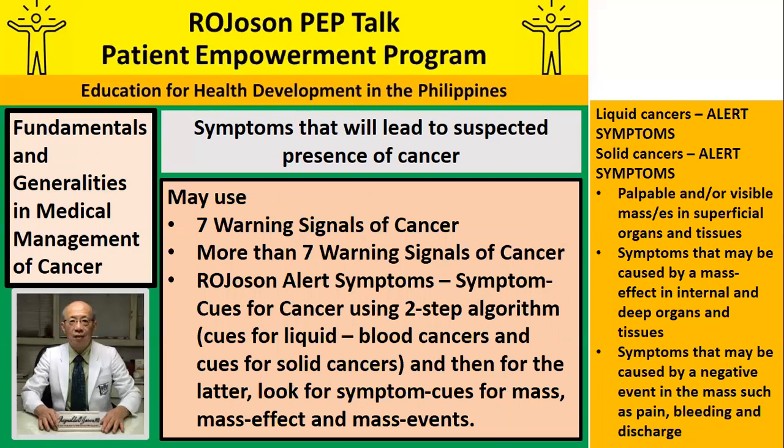So my suggestion: one may use the 7 warning signals of cancers, or more than 7 warning signals of cancers that are available, and the ROJoson alert symptoms using symptom cues for cancer, using a 2-step algorithm: cues for liquid and blood cancer and cues for solid cancers, and then for the latter, the solid cancers, look for symptom cues for a mass effect and mass events.